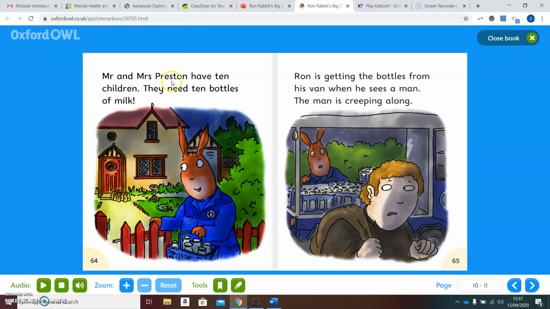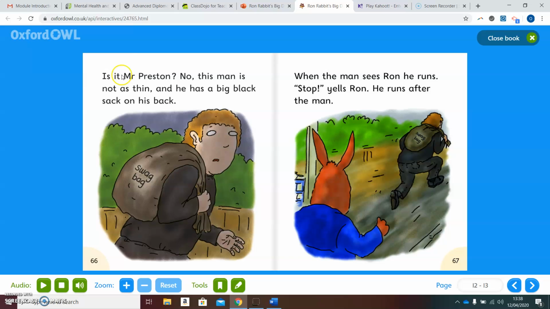Mr. and Mrs. Preston have 10 children. They need 10 bottles of milk. Ron is getting the bottles from his van when he sees a man. The man is creeping along. Is it Mr. Preston? No, this man is not as thin and he has a big black sack on his back.